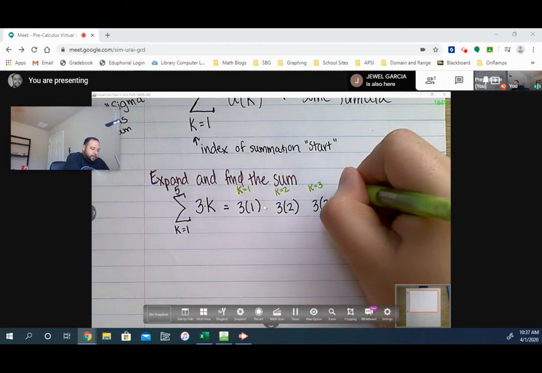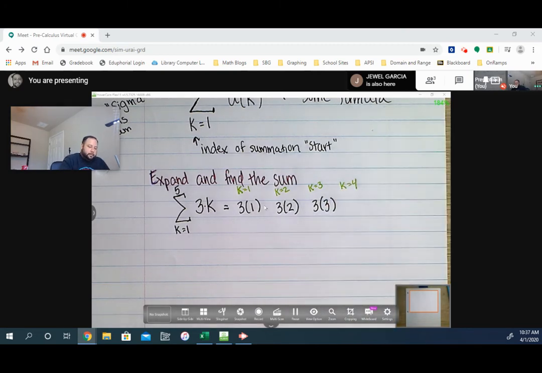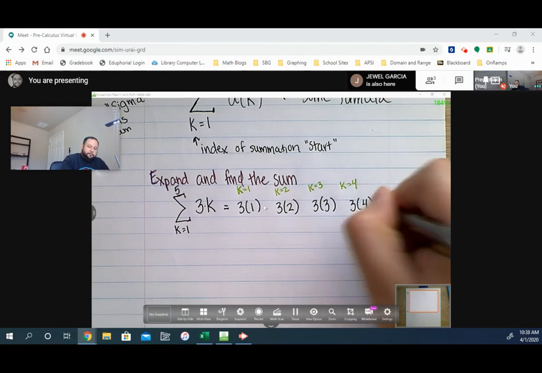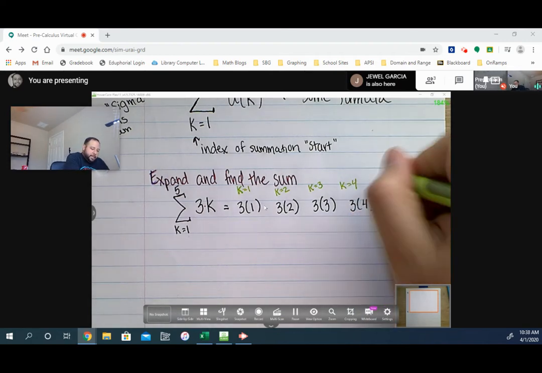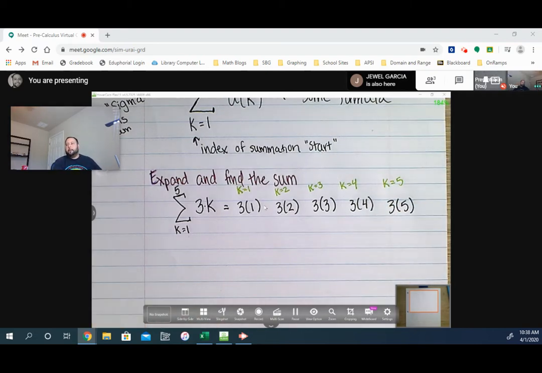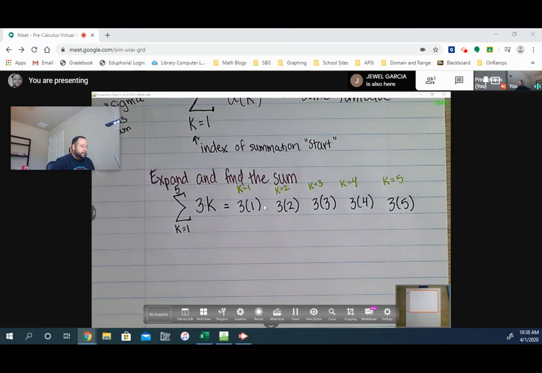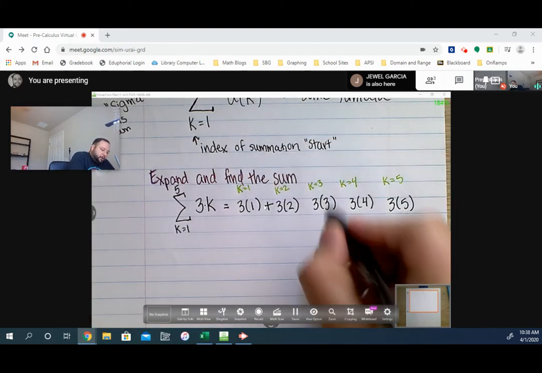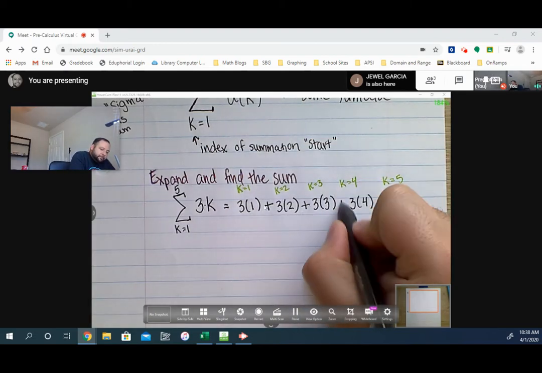When k equals 4, that's going to be 3 times 4. And when k is equal to 5, that's going to be 3 times 5. Now, because this is a series, and we're looking for the summation of this, I'm going to add all of these together. So they're all going to have a plus sign in between.